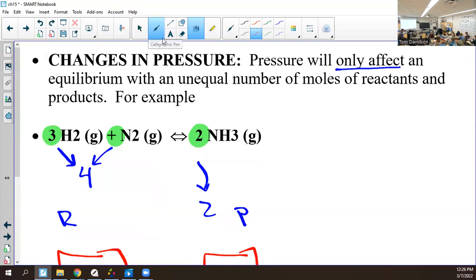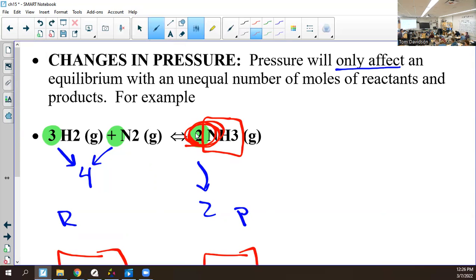All right, so here we are. We have this reaction happening. We are chemical engineers and ignoring everything else we've talked about. But now, based on pressure, how do I get the greatest yield? High or low pressure? High pressure. High pressure favors the side with the least number of moles.